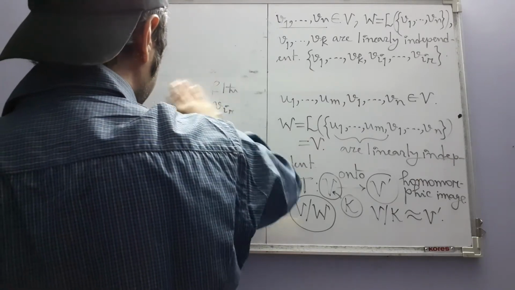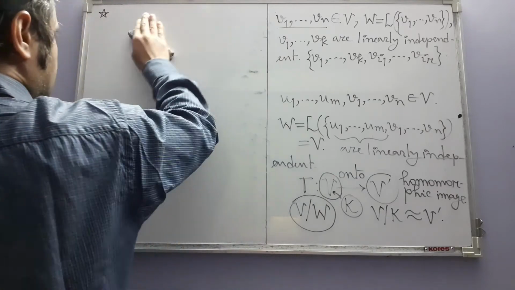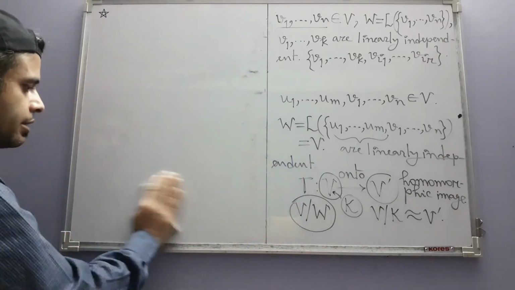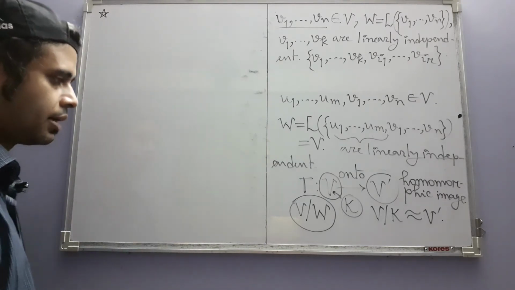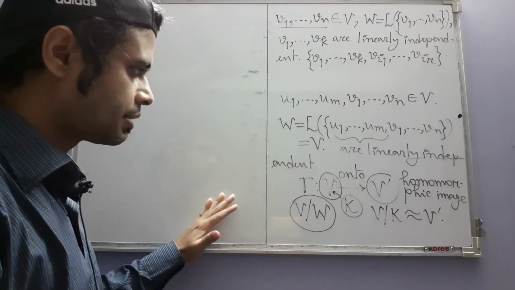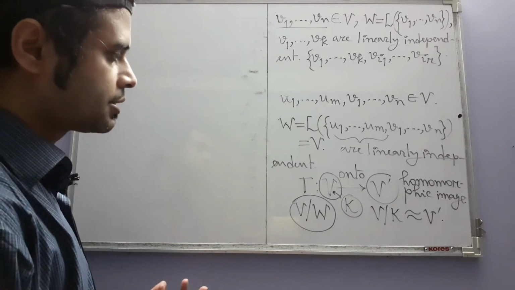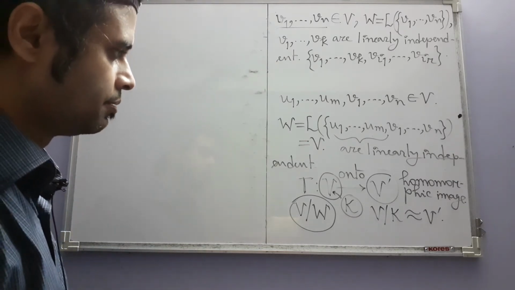The word dimension is, of course, in a sense, somehow measuring the size of the space, and this same word has different meanings. Here in vector space, dimension means something. In topological spaces also we have a notion of dimension, Hausdorff dimension.